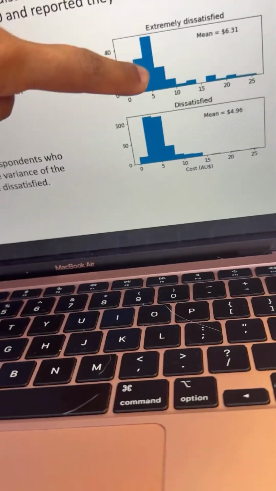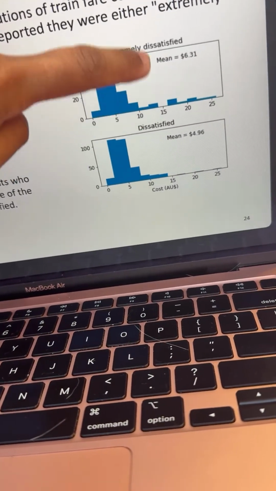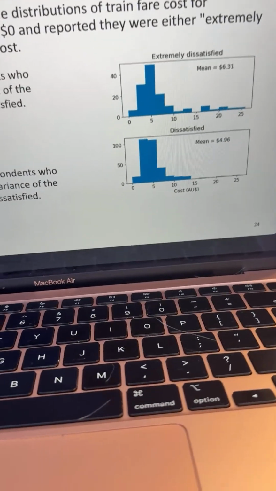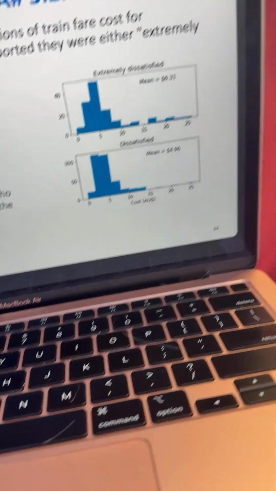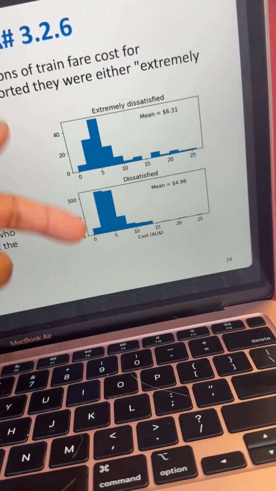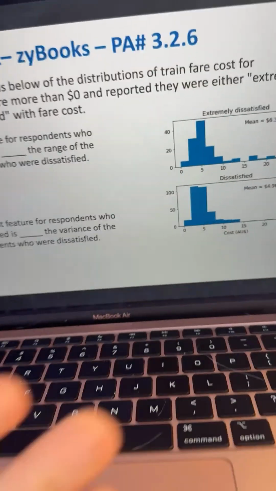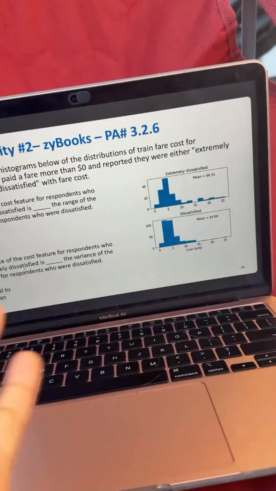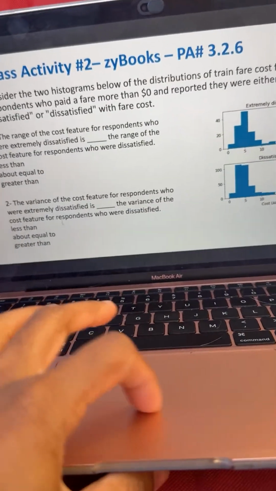So if your mean is like here, or here, if you're going to balance it out, or like here, then how far are the data points? This one has a higher variance than this one because, where does the word variance come from? It varies, right? But if it doesn't vary that much, it has to be closer together. So the higher variance is the one on top, right?